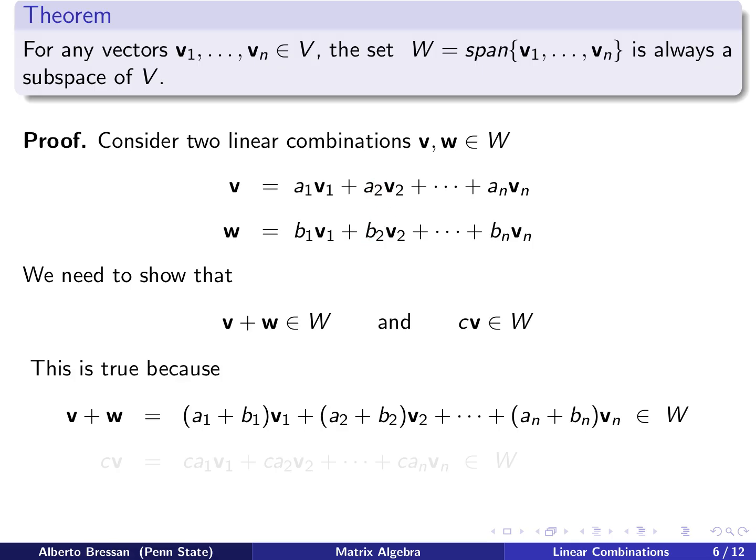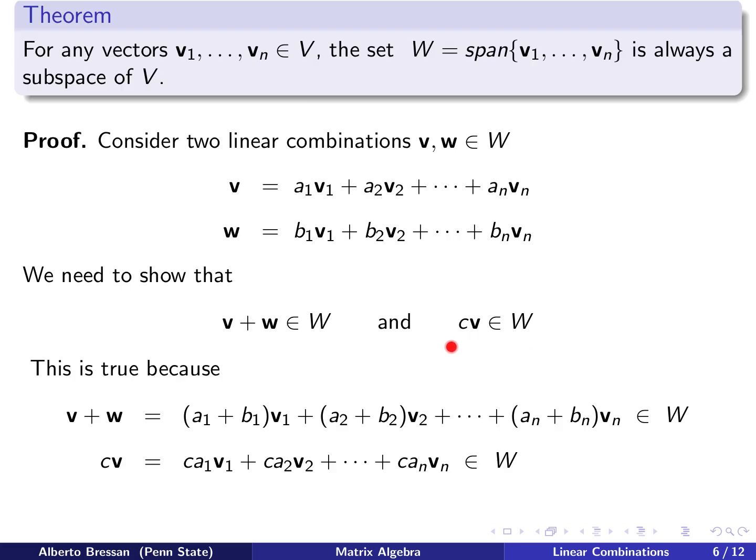We can add up these two functions, and then we see that we can combine like terms with the V's. So V1 now will have coefficient A1 plus B1, and then V2 will be A2 plus B2, and so on and so forth. And then we see that this is again a linear combination. So it's in the span of those vectors, so therefore it's in W.